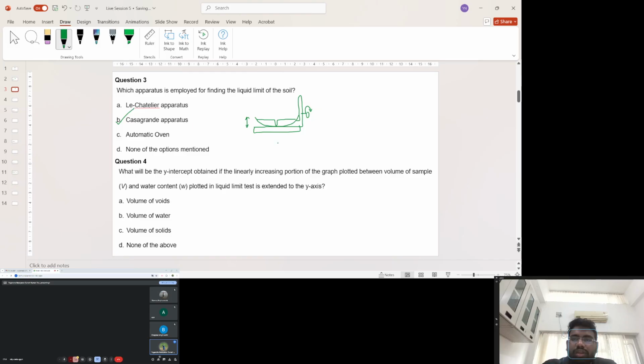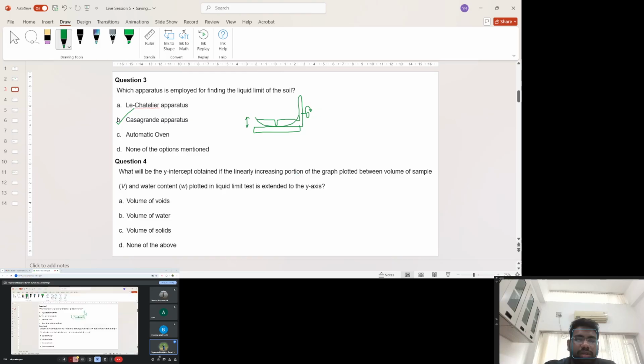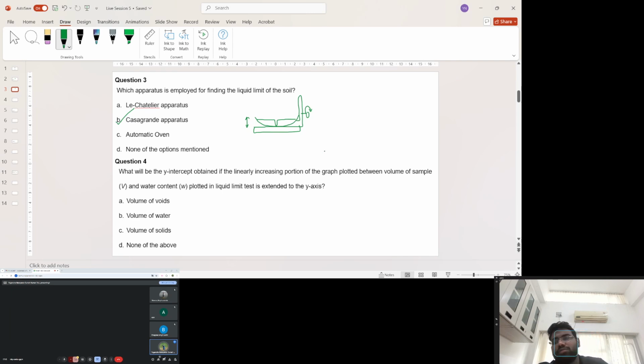Do you have any idea of any other techniques used for determining liquid limit? One of the learners rightly mentioned the cone penetration technique.